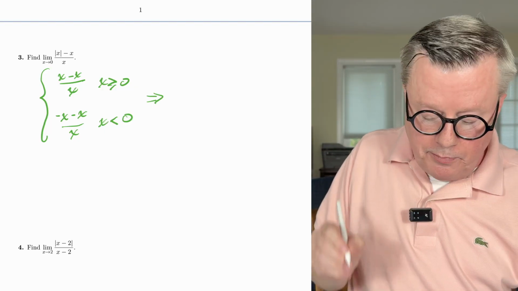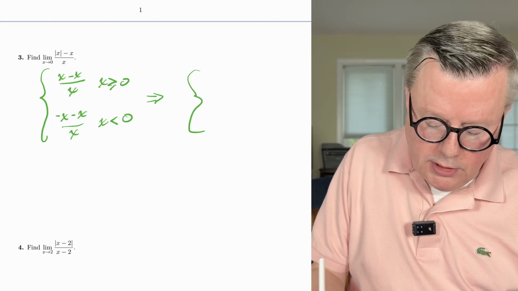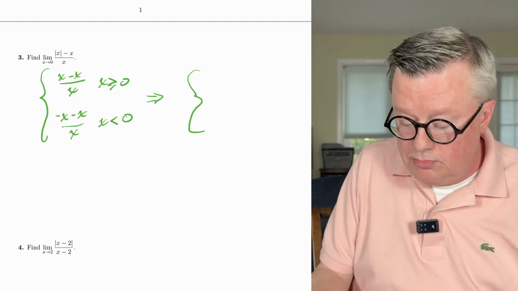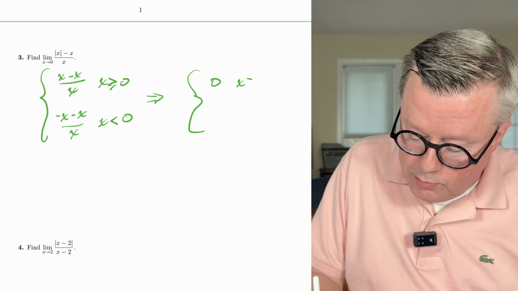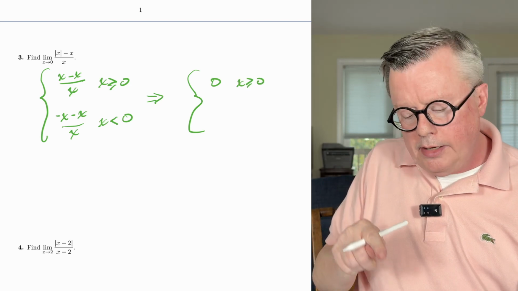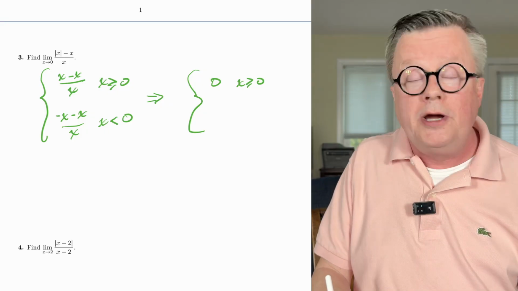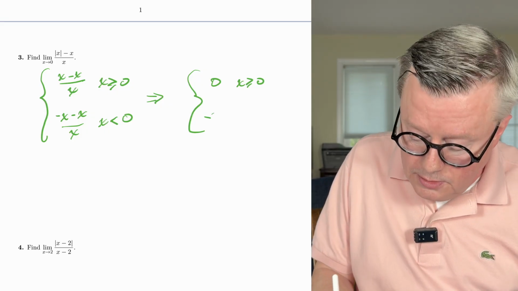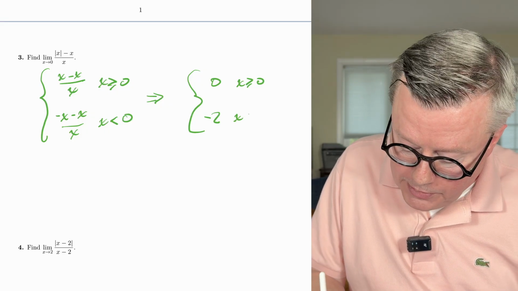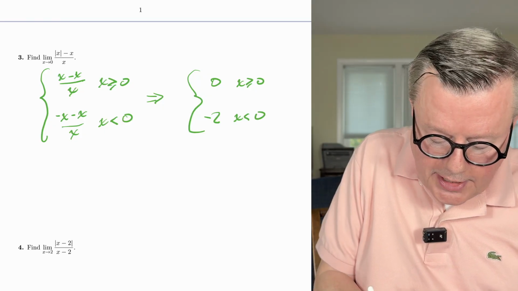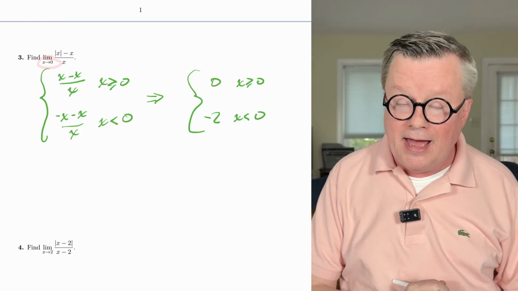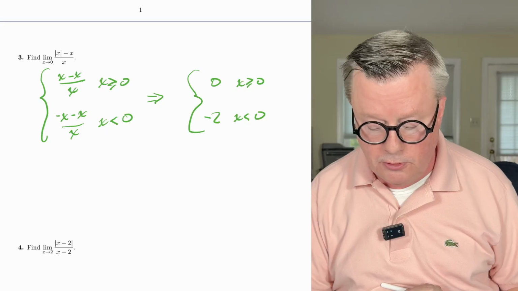What does that simplify to? Well, x minus x over x is simply 0 for x bigger than or equal to 0. And negative x minus another x is minus 2x over x, which simplifies to minus 2 for x less than 0. Just as above, the limit is at x going to 0.